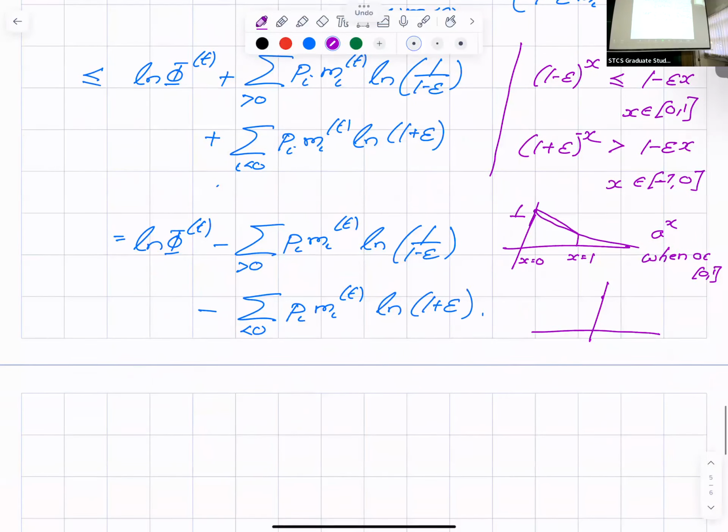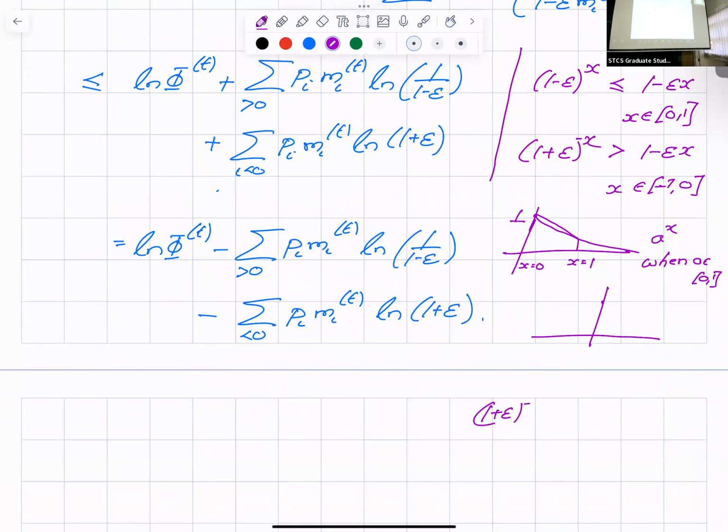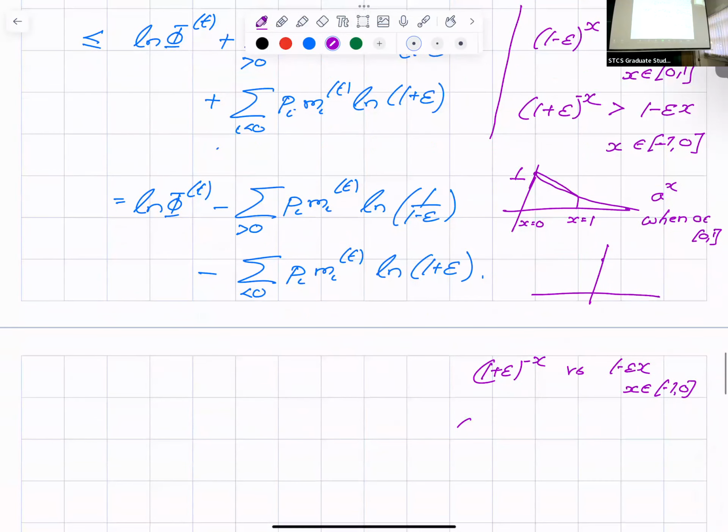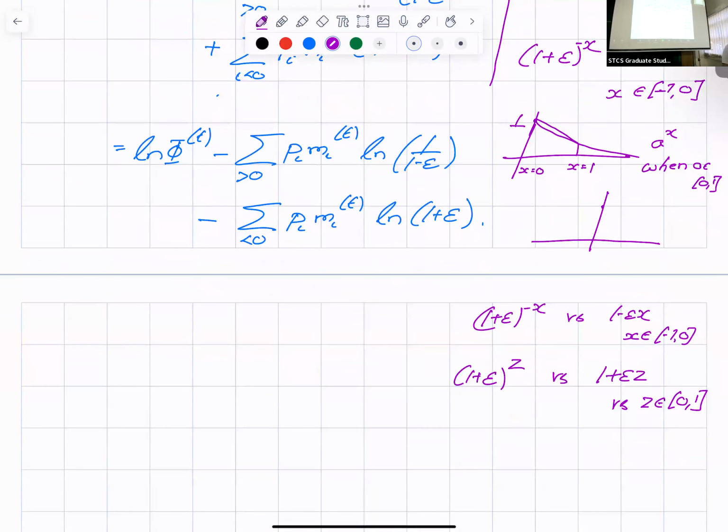You're looking at 1 plus epsilon to the power minus x versus 1 minus epsilon x, as x is in -1 to 0. This is the same as looking at 1 plus epsilon to the z versus 1 plus epsilon z, when z is in 0 and 1.